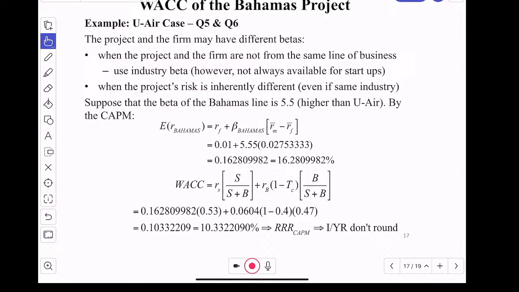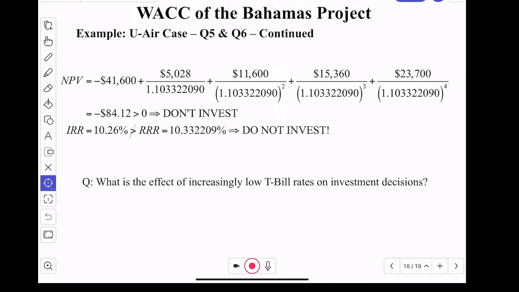And what happens now? So what was the internal rate of return? Let's remember, the internal rate of return was 10.26. So this was the measure of return of the project itself, and you compare it to what's required, and now we don't make it.